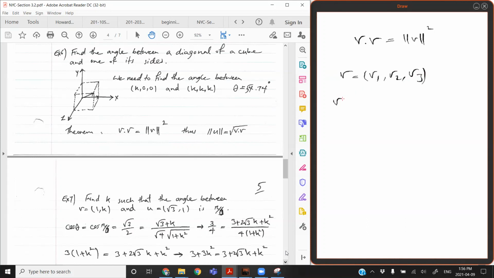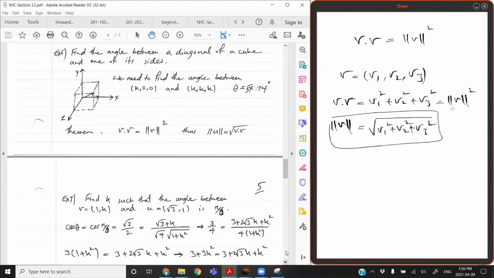So if I multiply v by v, I get v1 squared plus v2 squared plus v3 squared. The norm of v is the square root of v1 squared plus v2 squared plus v3 squared. So you can see that this is actually norm of v squared. If I just raise this to the power of 2, I get the product of v and itself.